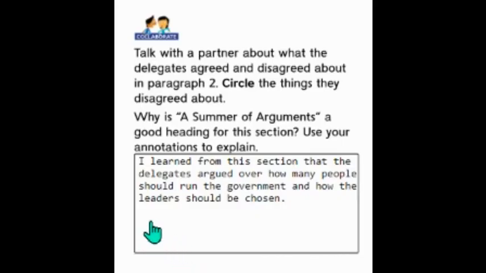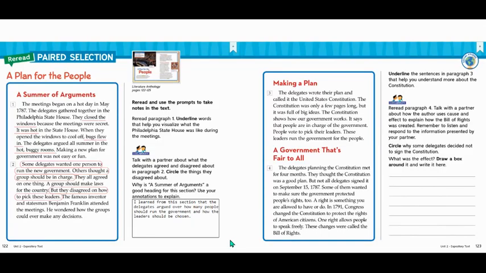Okay, you can pause the video if you need some more time to write this in your book. All right, let's move on to the next page.